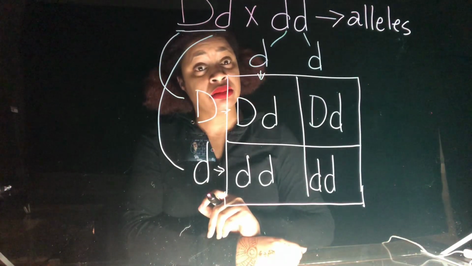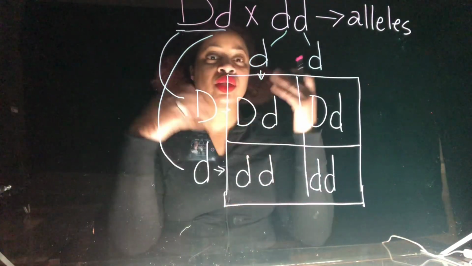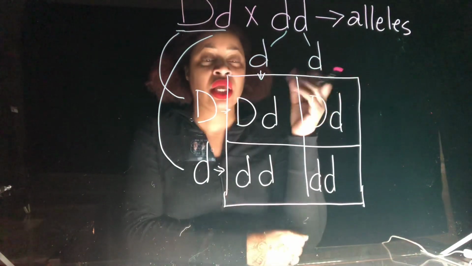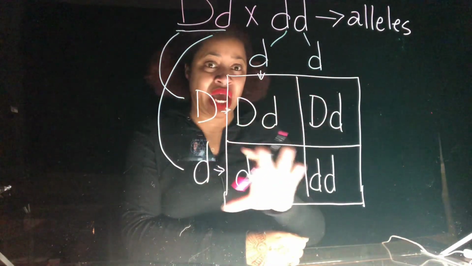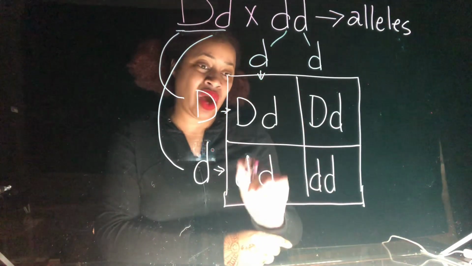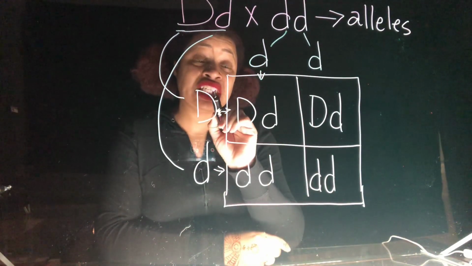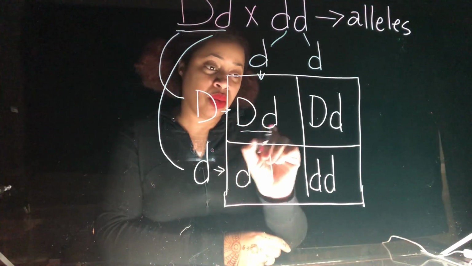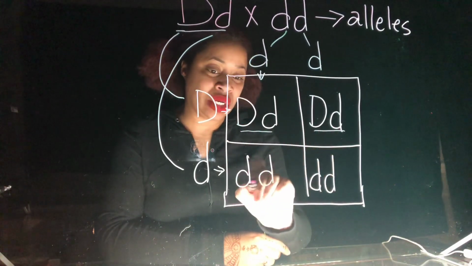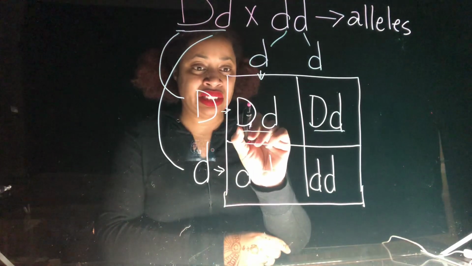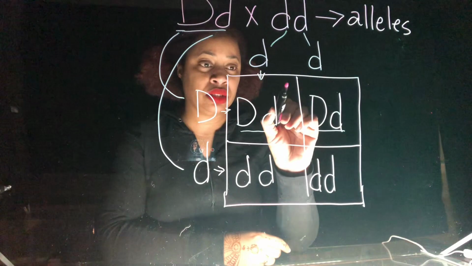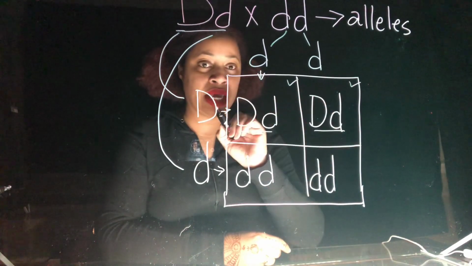Now, we're not done because we have to do the genotypic or phenotypic ratio, all right? So looking at this box is giving us a probability. So when I do the genotypic ratio, I'm looking at what letters are the same. So there's a dominant D, a recessive D. Oh, wow, these 2 are alike.